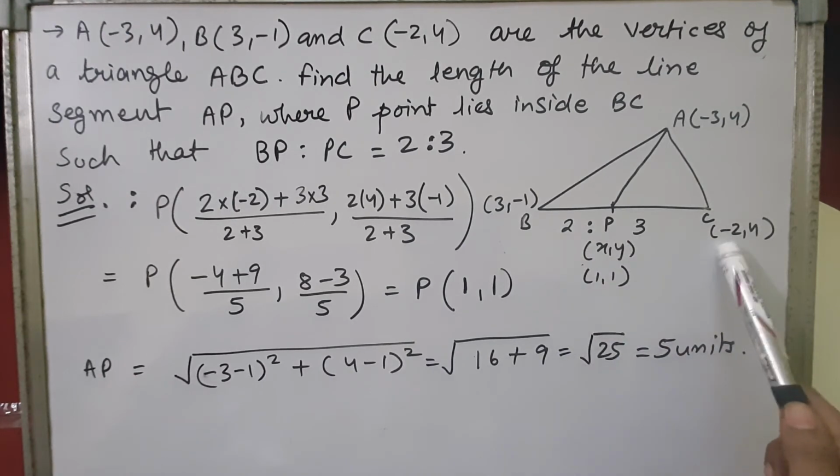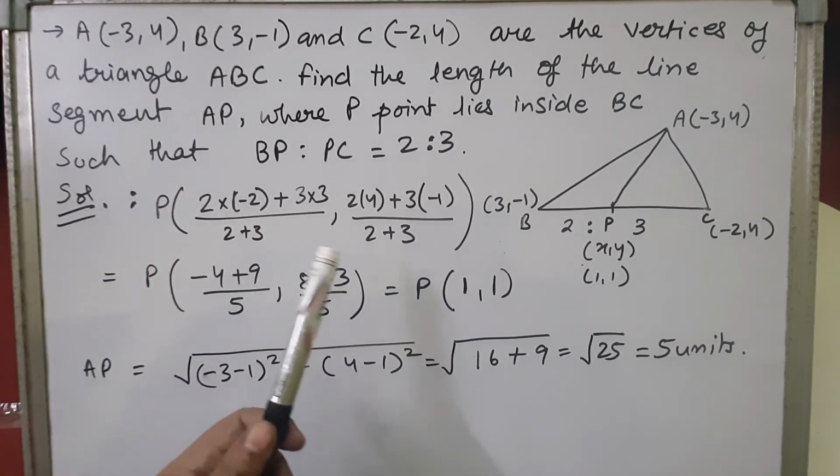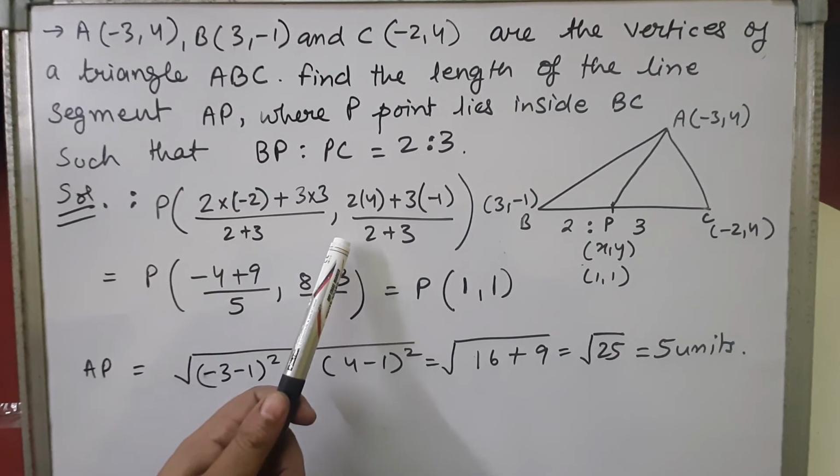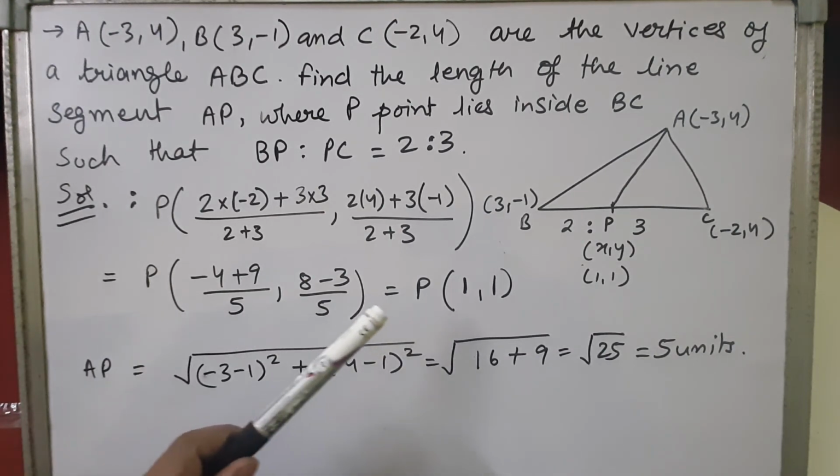M1 x2 plus M2 x1 upon M1 plus M2. This gives 2 into -2 plus 3 into 3 upon 2 plus 3, and 2 into 4, M1 y2 plus M2 y1 upon M1 plus M2. So what will we get? -4 plus 9 upon 5 comma 8 minus 3 upon 5. So when we solve, we'll get the coordinates of P as (1, 1).